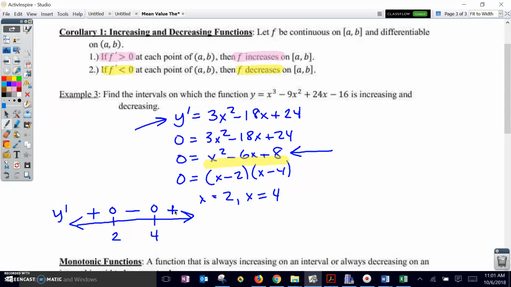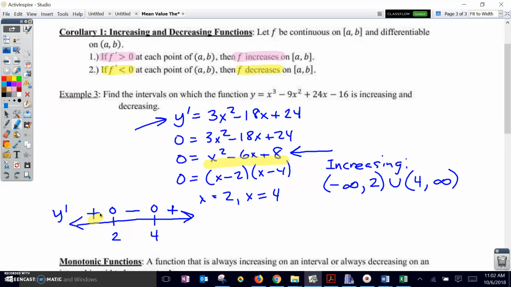Now don't just assume that these positives and negatives are going to alternate like this. That's not always the case. Alright, so this function is increasing on the interval from negative infinity to 2 and on the interval from 4 to infinity. Why?